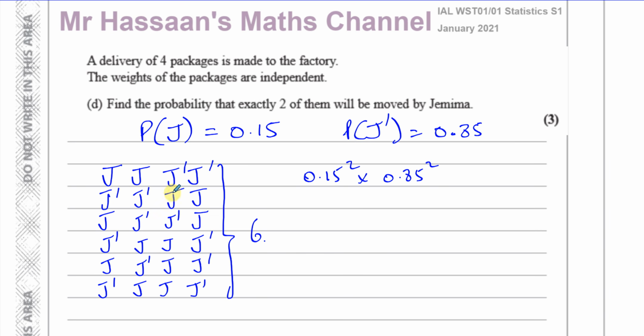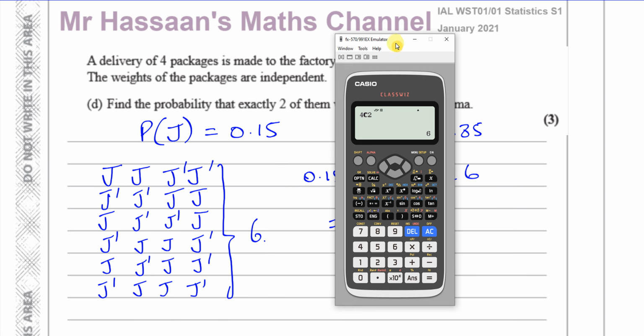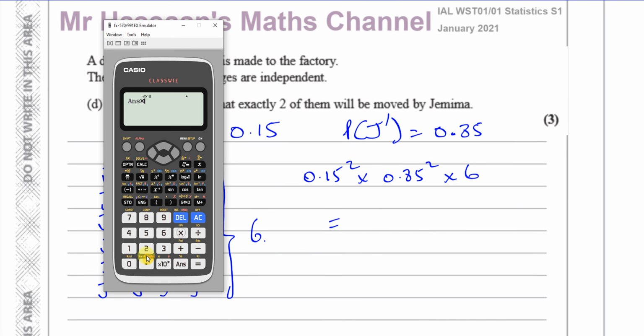So there's going to be 6 combinations of all of these. So I'll multiply this by 6, and that will give me my answer, which is 6 times 0.15 squared times 0.85 squared, which gives you 0.0975375.